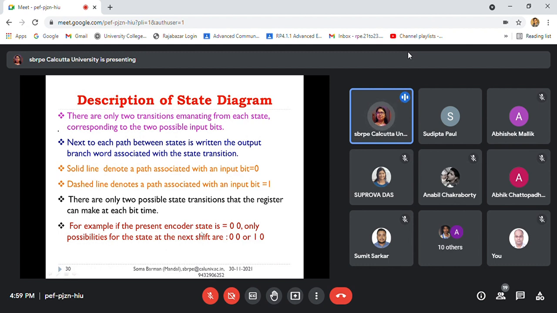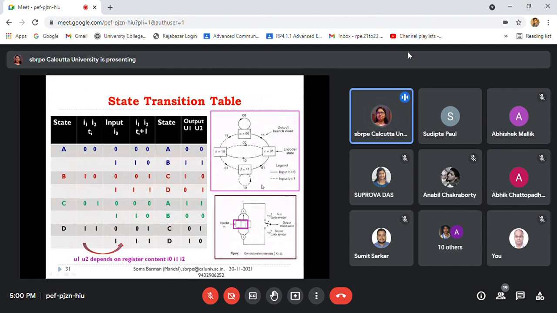If the encoder is in 0 0, the only possible state transitions will be to 0 0 and 1 0. Because for the 0 0 transition, state A has a self loop, so state A stays in the self loop if 0 is coming, and A will be shifted to the 1 0 state if 1 is coming. Clear? Is this clear?